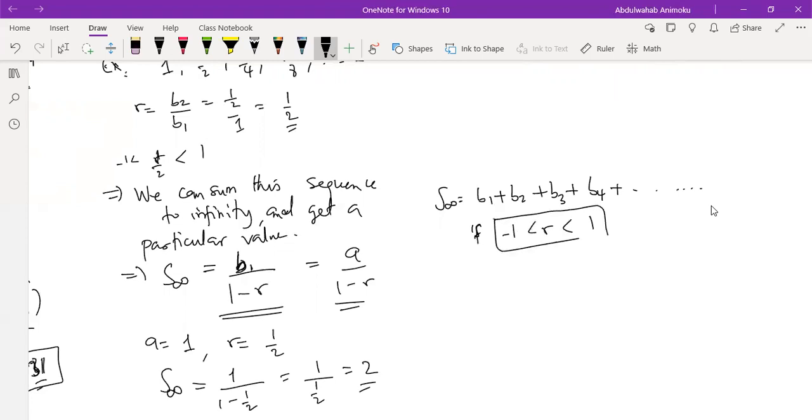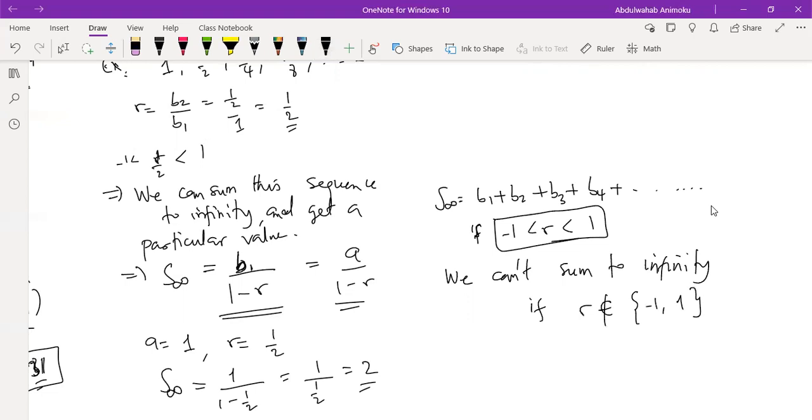If the common ratio is outside of this range, we cannot sum to infinity. Note that we can't sum to infinity if our common ratio is not between -1 and 1.